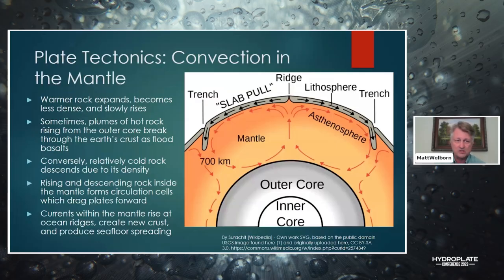And one of the things that plate tectonics uses to explain that is convection currents. Even though the mantle, as we've heard before, is solid rock, it's crystalline rock, there's actually convection set up, much like in a boiling pot of water. But the idea is that we have solid rock that very slowly, in some places is warmer and expands and rises up. And at the top that makes a ridge.